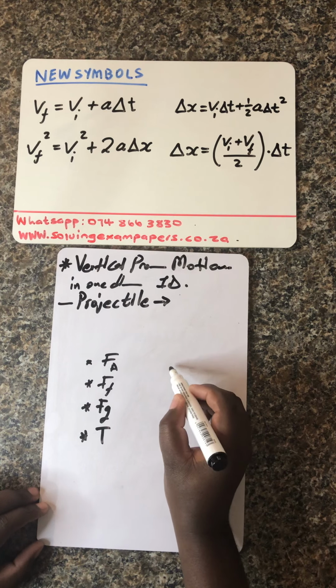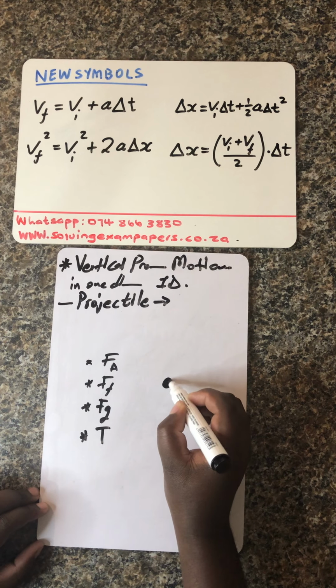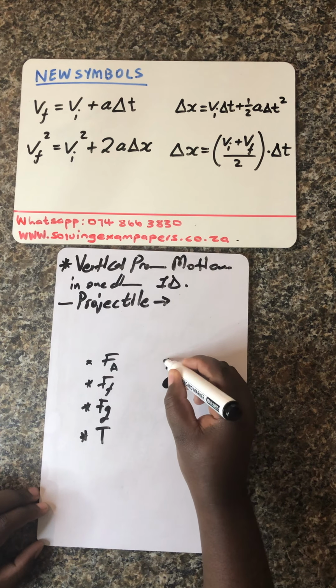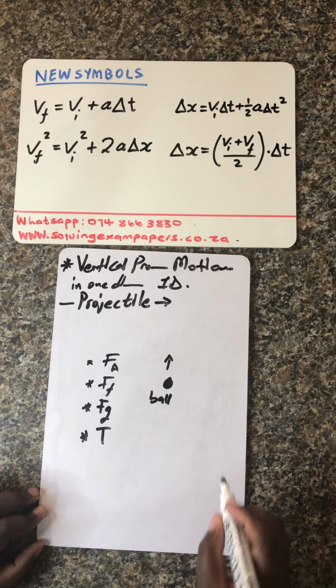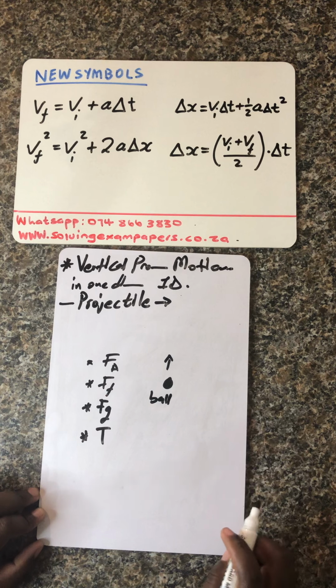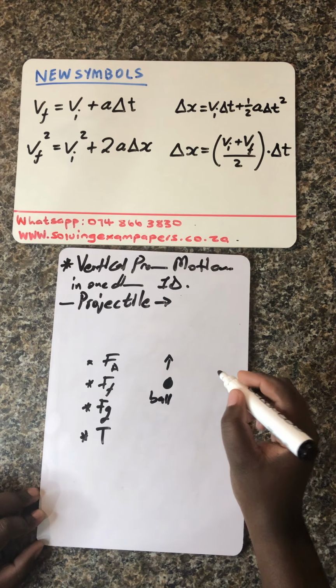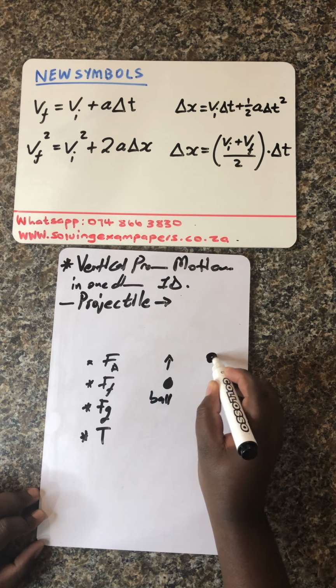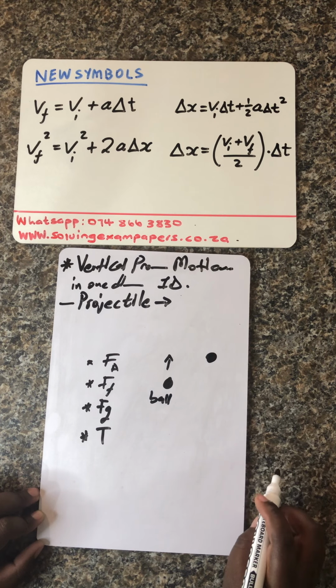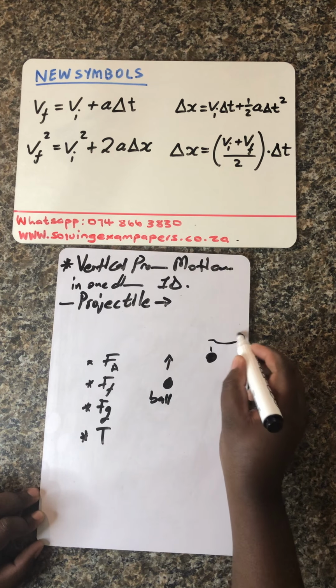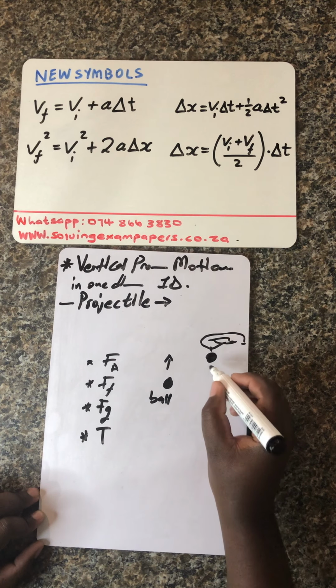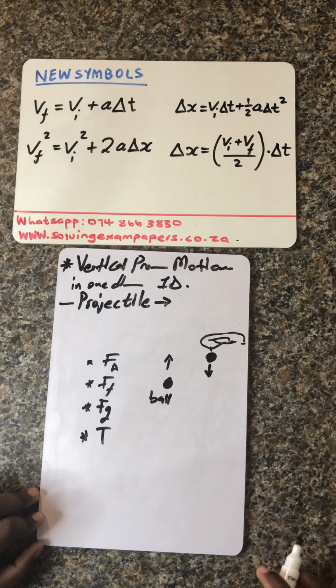So that means for an object which is thrown vertically upwards, this could be a tennis ball. Okay, it could be thrown vertically upwards. It could be dropped from the top of a building, or otherwise it could be an orange or an apple falling from the tree, falling downwards.